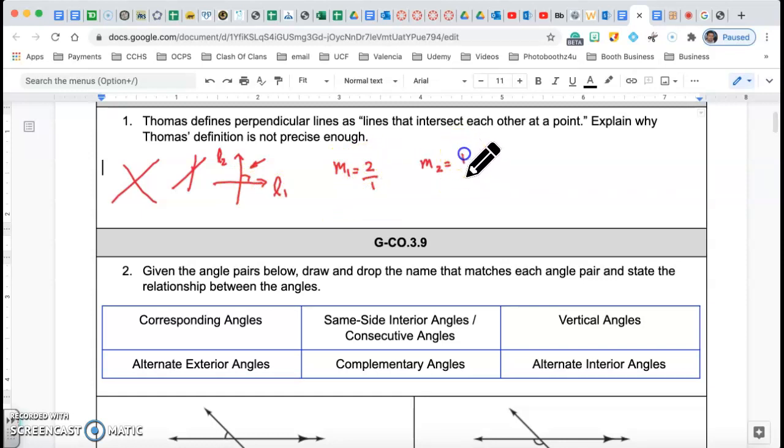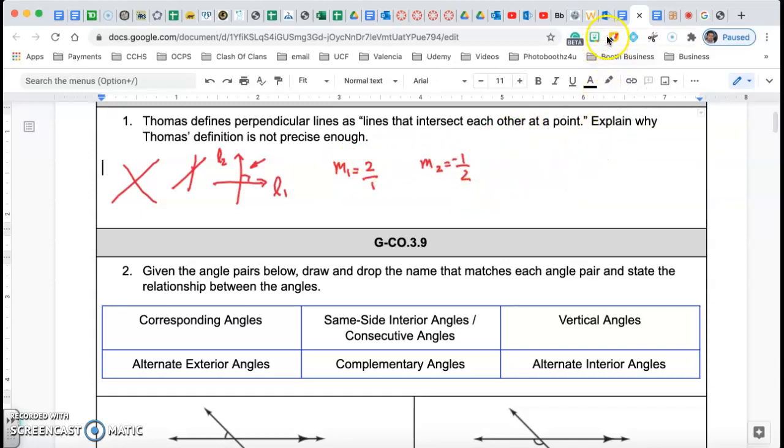Reciprocal means you flip the fraction. And negative, if this one is positive, the other one has to be a different sign, negative. So these two are negative reciprocals. So that's what he has to add. Lines intersect each other at a point, but the slopes of the lines have to be negative reciprocals to each other.